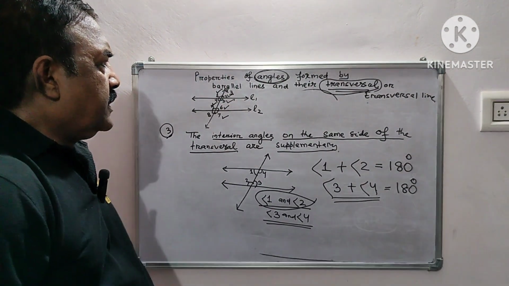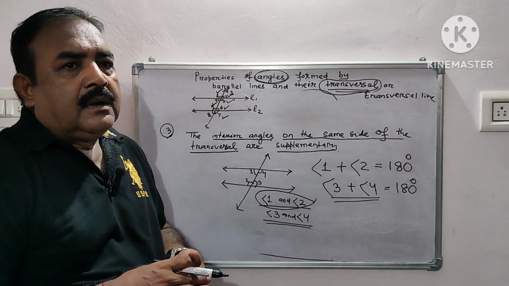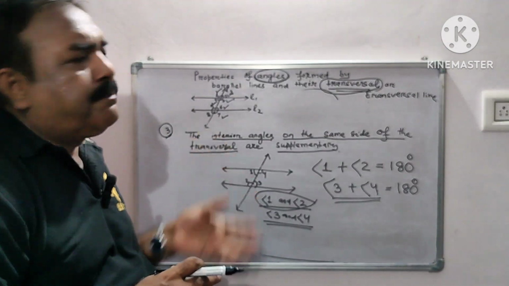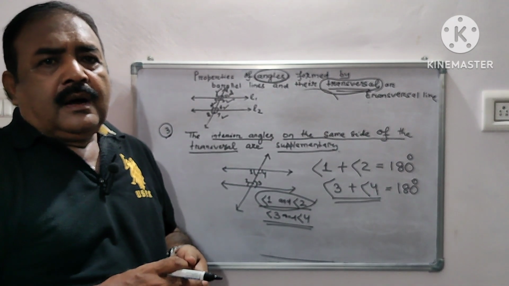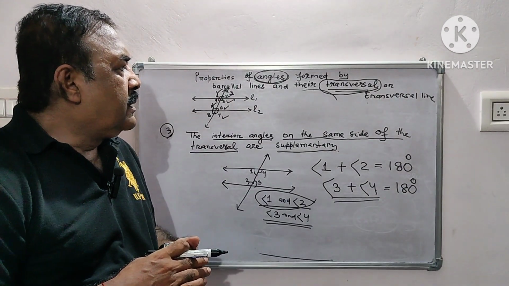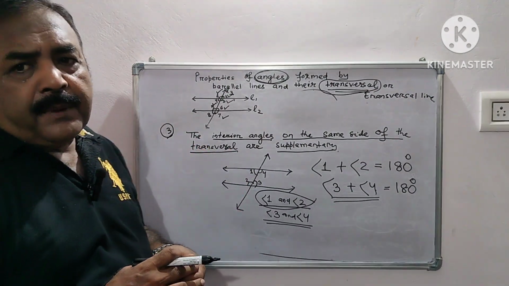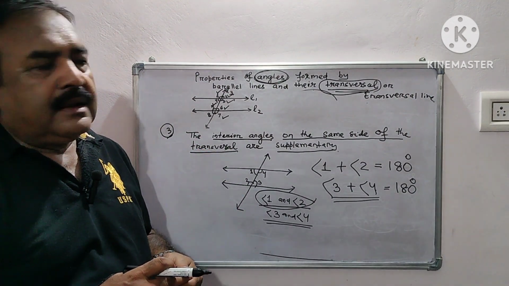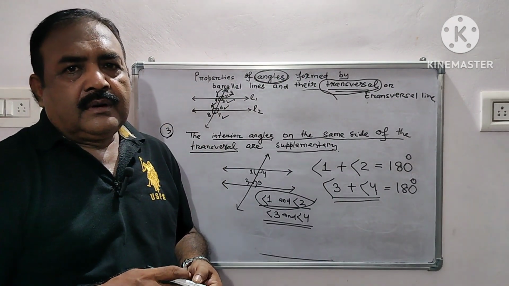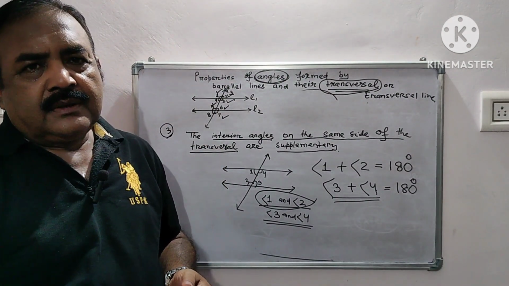So in the next video we will discuss the angle sum property of a triangle, and also the exterior angle property of the triangle. So in the next video we will do that. So wish you all the best. Thank you.